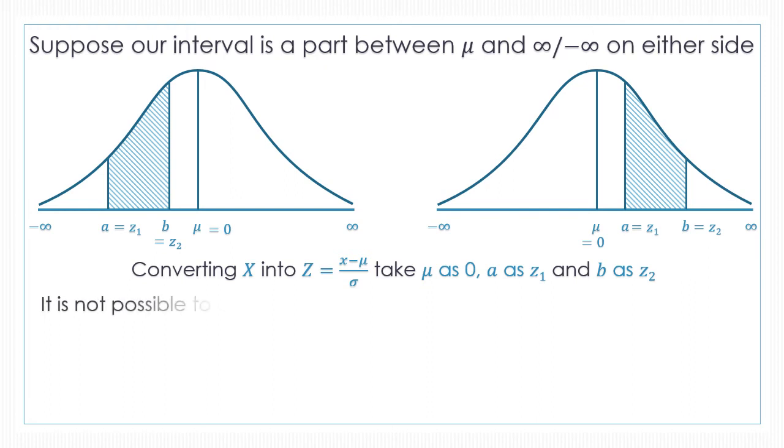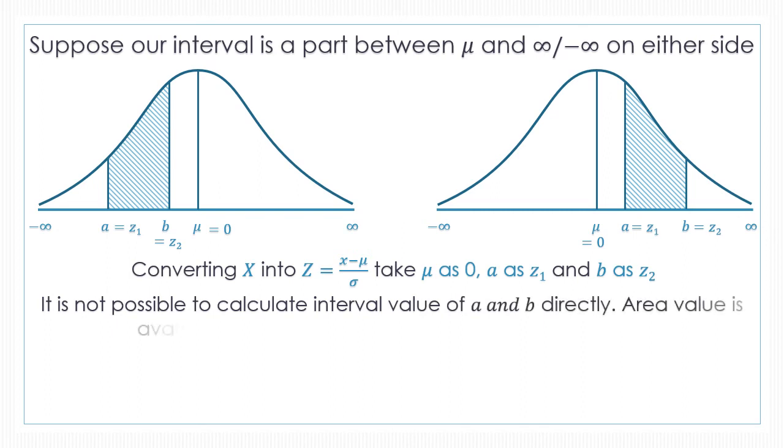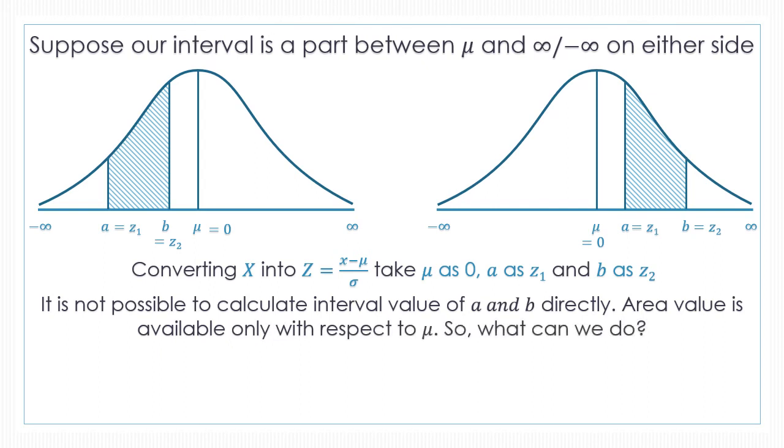So how are we going to do this? Now it is not actually possible to calculate the interval value of a and b directly, because area values are available only with respect to mu. So what can we do? First of all, let's write down what we are supposed to find.